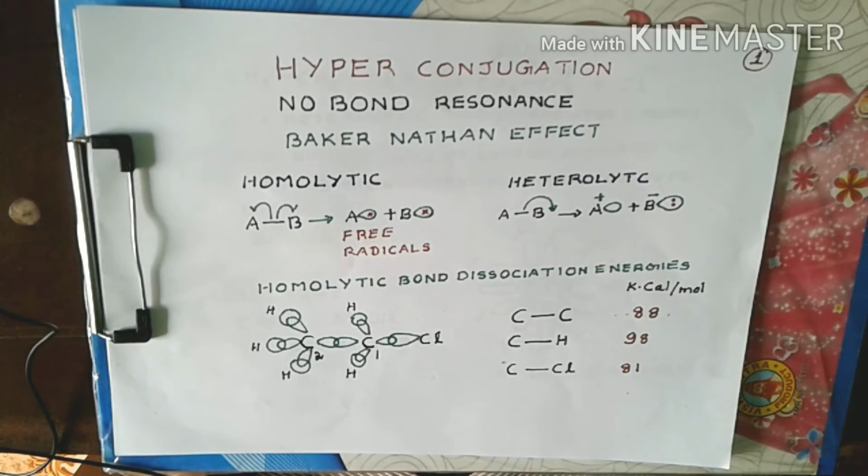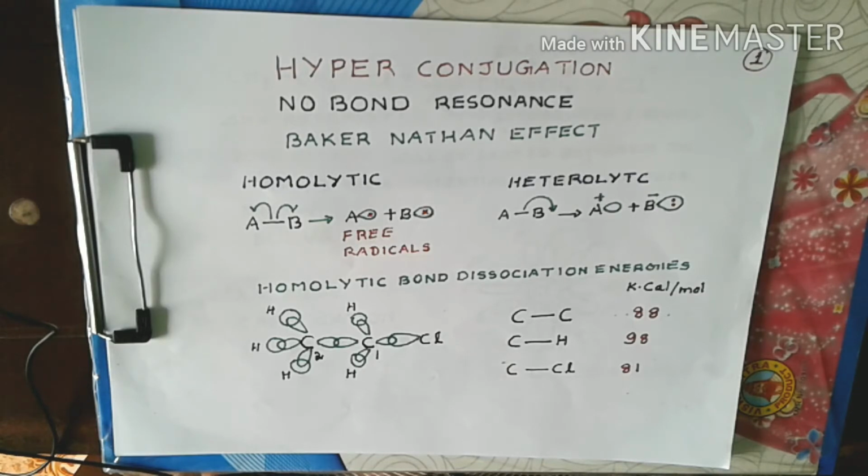So the C-Cl bond will be longer in length and will have a lower electron density in the overlapped region. So since it is longer, the bond energy required for breakage of the C-Cl bond as Cl negative is the lowest, and the C-H bond is the shortest, and the C-C bond is intermediate between the C-H and C-Cl bonds.